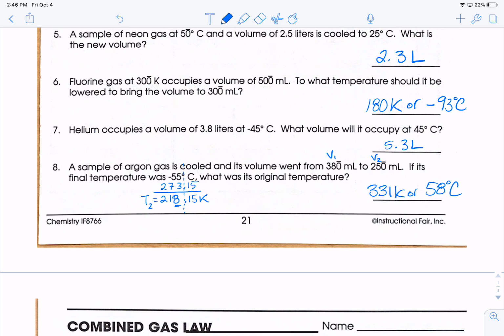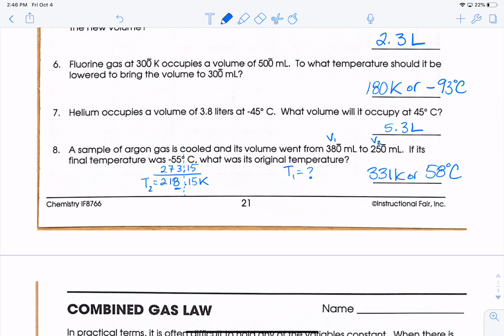And it says, what was its original temperature? So what we're wondering here is what is T1? All right, so we've got our equation, V1 over T1 equals V2 over T2. We simply now need to just plug it in.